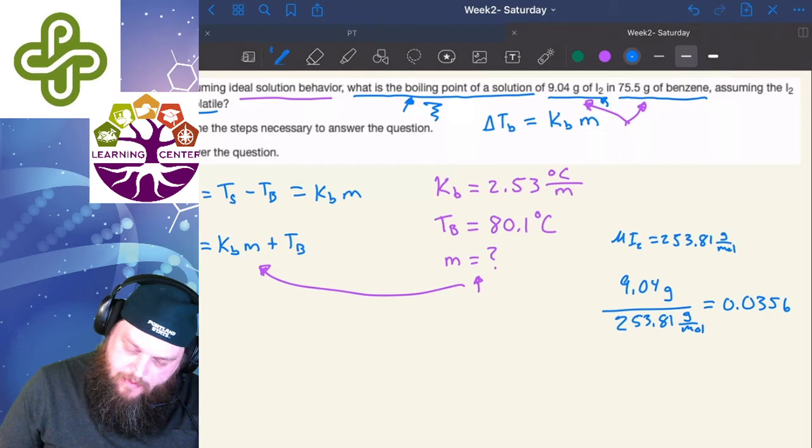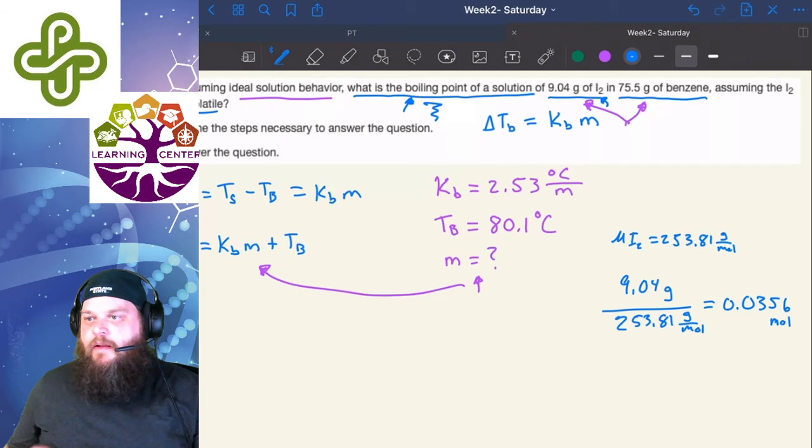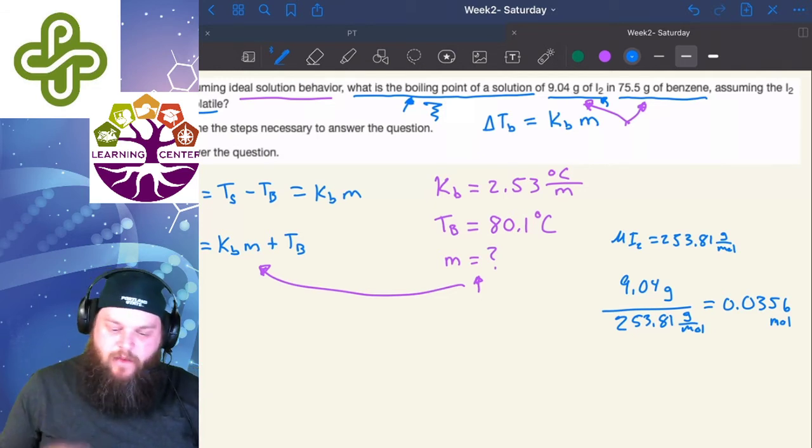And this is going to be in moles. I think I'm right on the edge of my paper, so we'll go to the moles down there. So that's how many moles we have of I2.